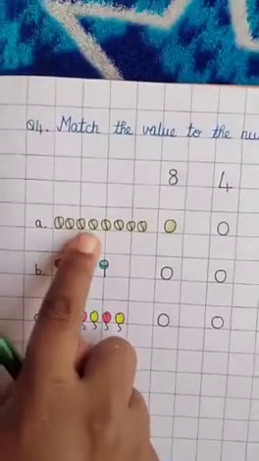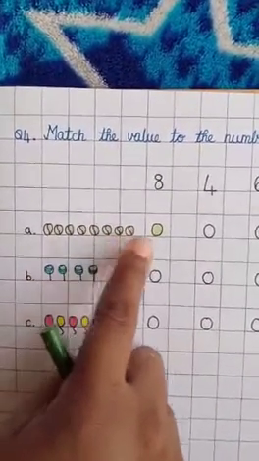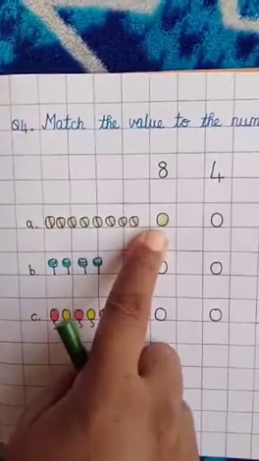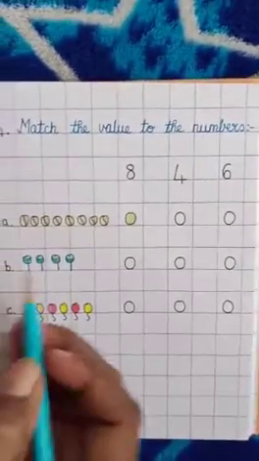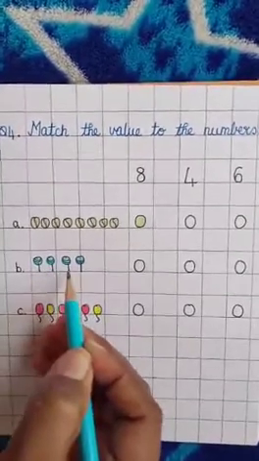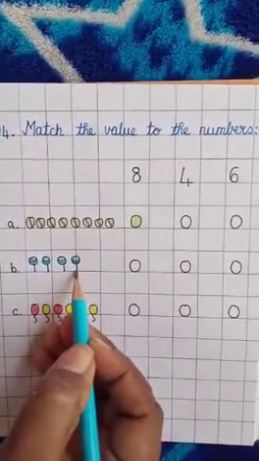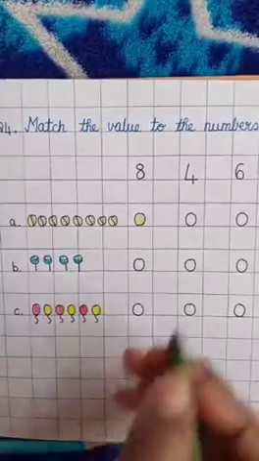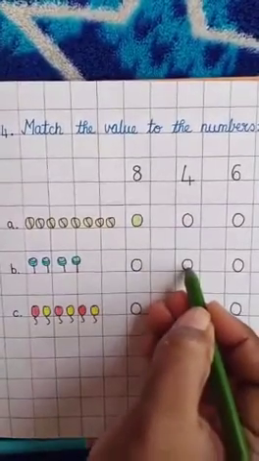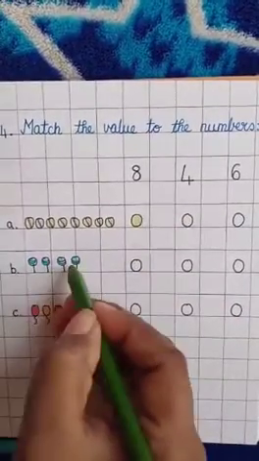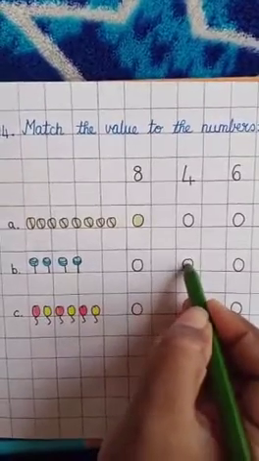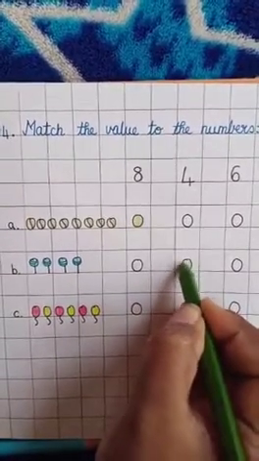1, 2, 3, 4, 5, 6, 7, 8. So this is the right option. I'll click here. Next one. Let's count the lollipops. 1, 2, 3, 4. So where's 4, children? I have 4 here. So the right answer will be under this. This is the value.